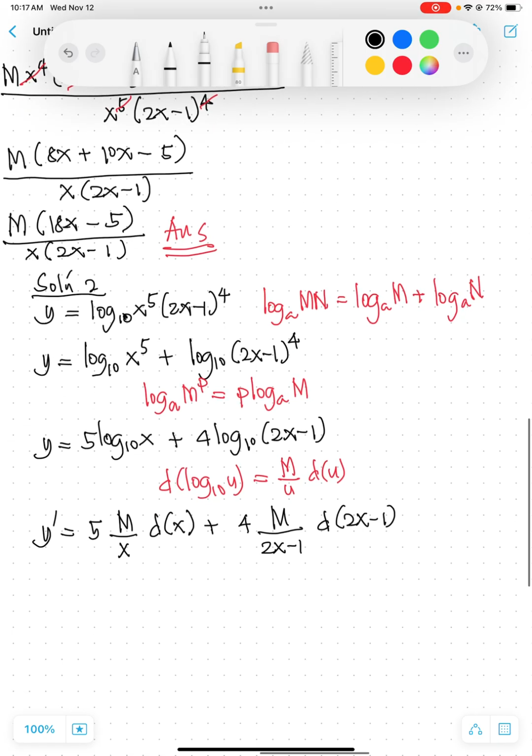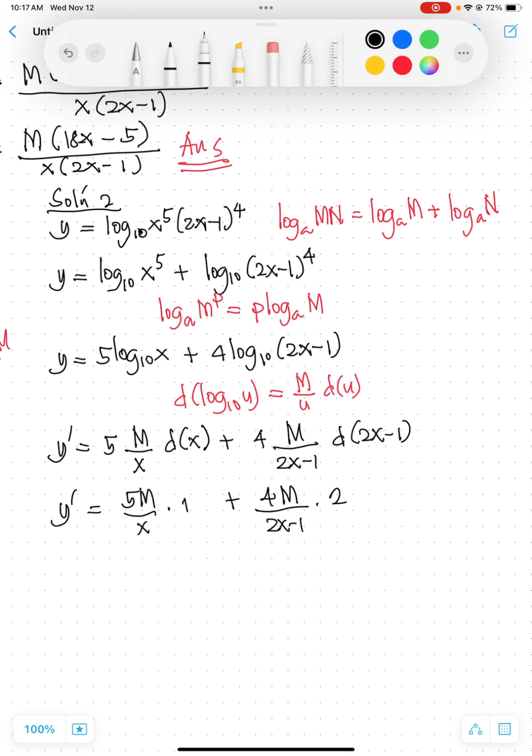So we'll have y prime equals 5m divided by x, and the derivative of x is 1, so times 1, plus 4m divided by 2x minus 1, and the derivative of 2x minus 1 is 2.